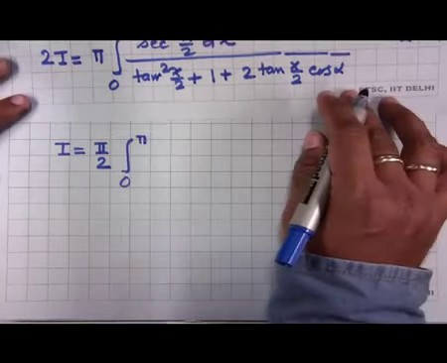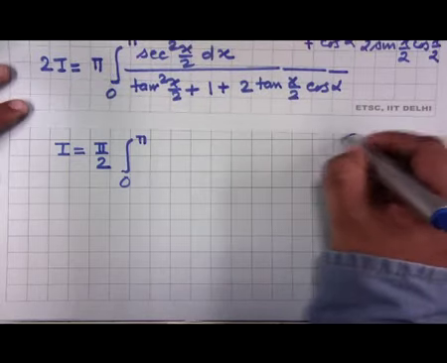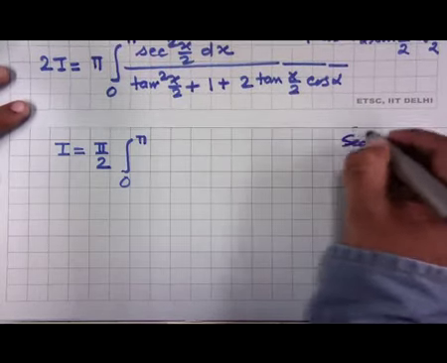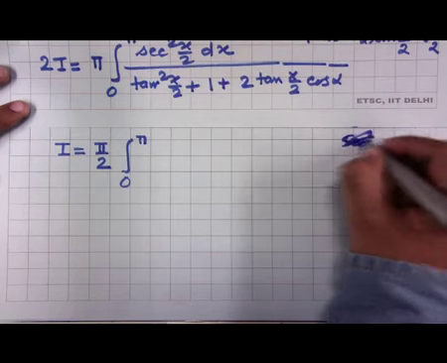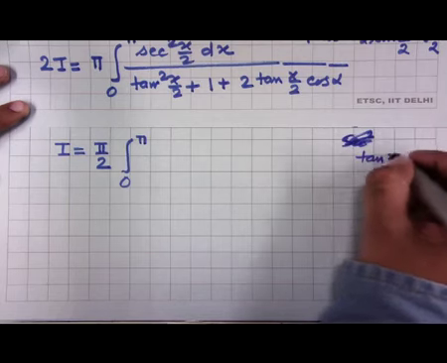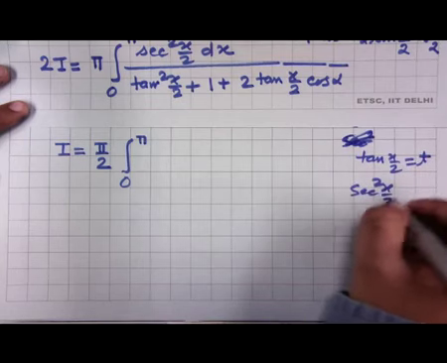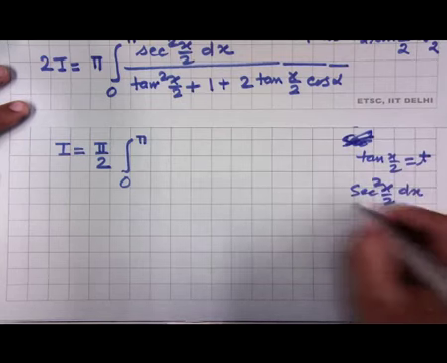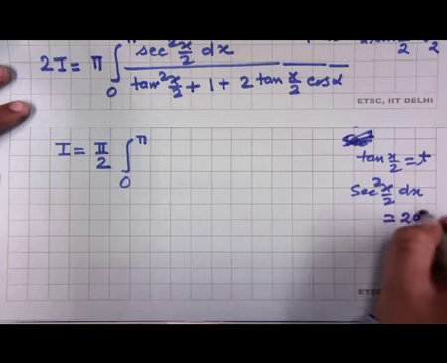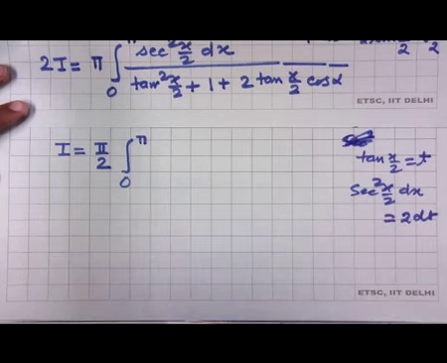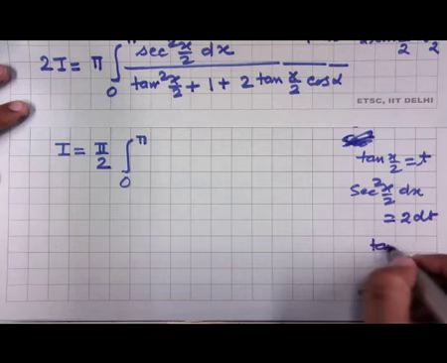Let me take tan x by 2 as t. So you get sec square x by 2 dx is equal to 2 dt, and the limit tan 0 will be 0.